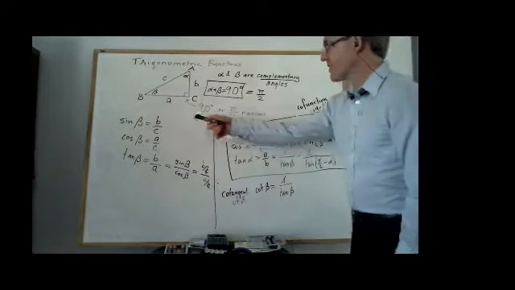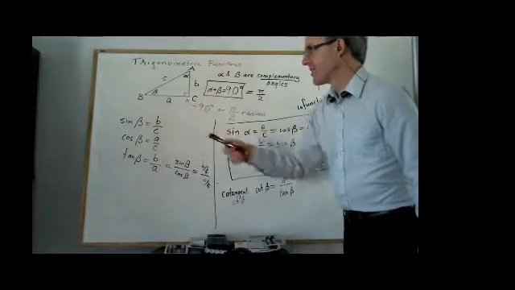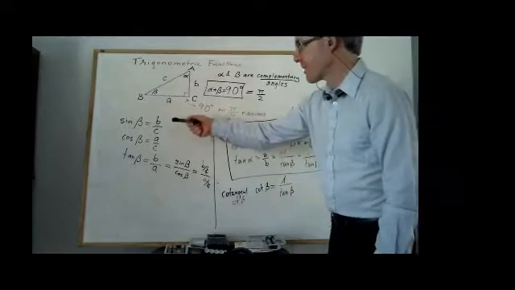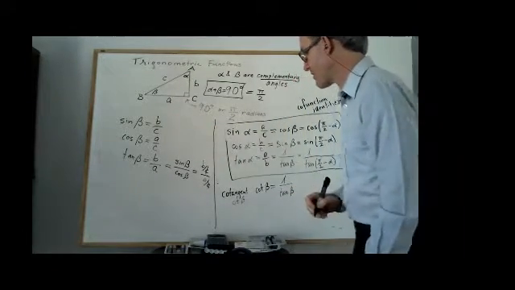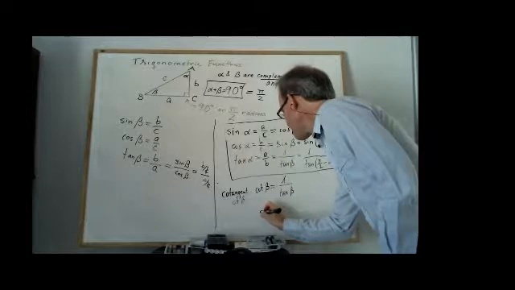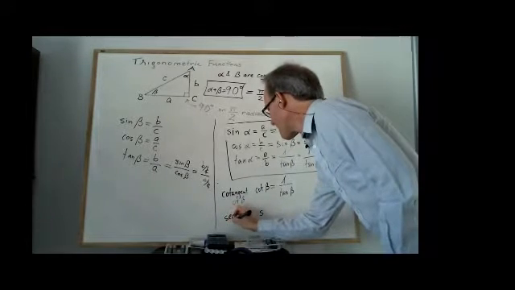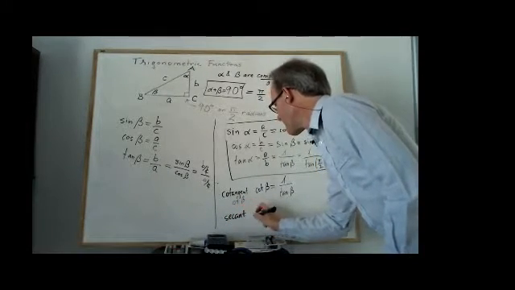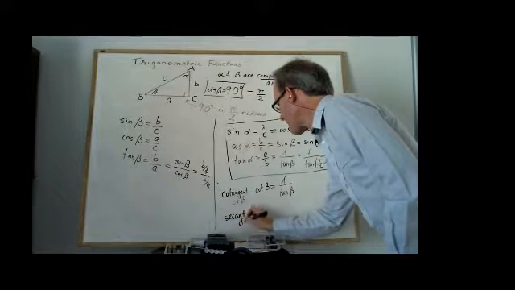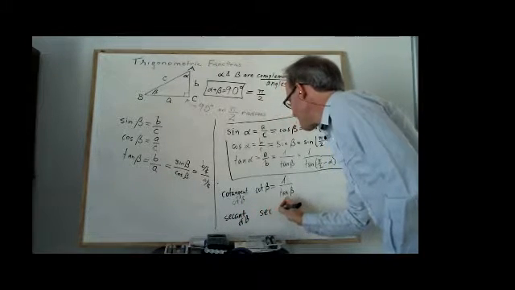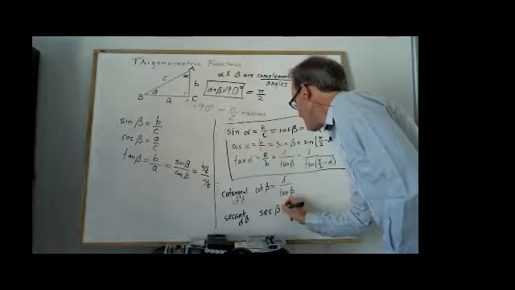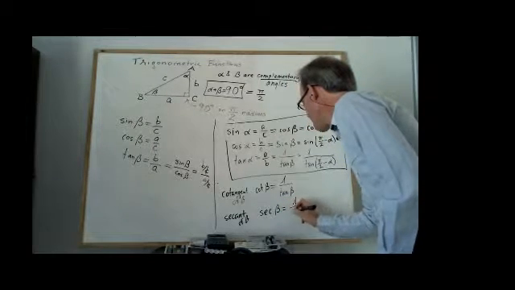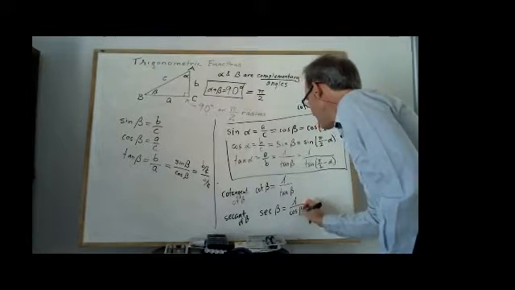And the other functions are similarly invented in order to describe the reciprocals of the sine and the cosine. So we have the secant of beta, sec, which is 1 over the cosine of beta.